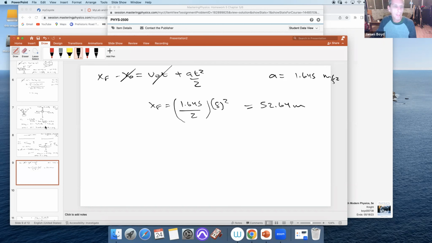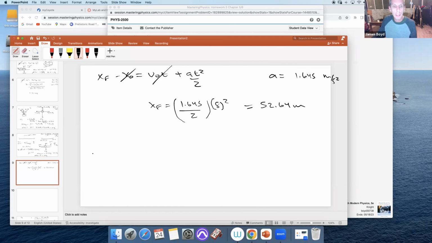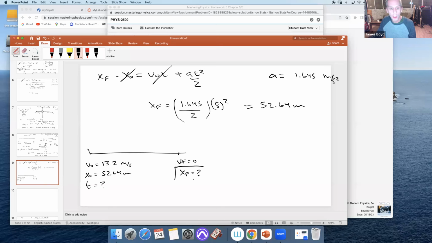52.64 meters. Now during this phase, where v final becomes 0 and v initial is 13.2 meters per second, we need to figure out how far he went. V initial is 13.2 meters per second, v final is 0, time is unknown. X initial is 52.64, x final is what we want.